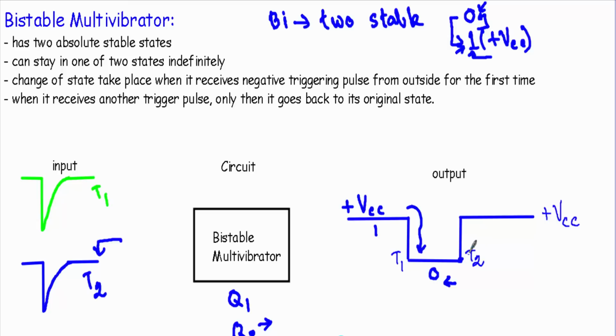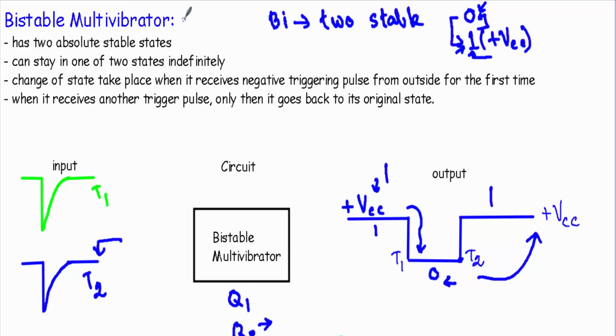The output voltage will have another transition from this 0 to logic 1 or plus VCC level, and the output of this bistable multivibrator will stay at this level forever unless we apply an additional triggering pulse. See, the output of the multivibrator is stable in both this logic 1 level and this logic 0 level. That's why this is known as bistable multivibrator, and the operation of a bistable multivibrator is dependent upon the switching properties of a bipolar junction transistor.